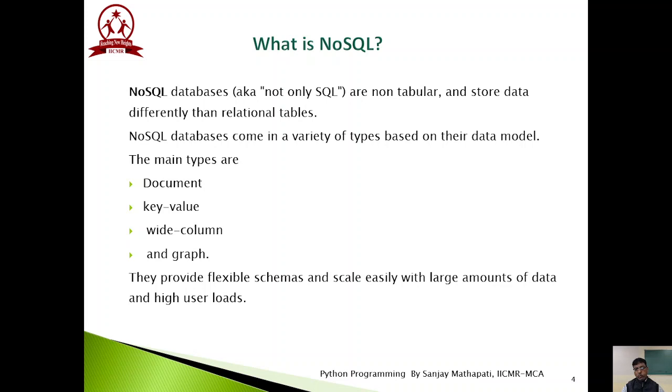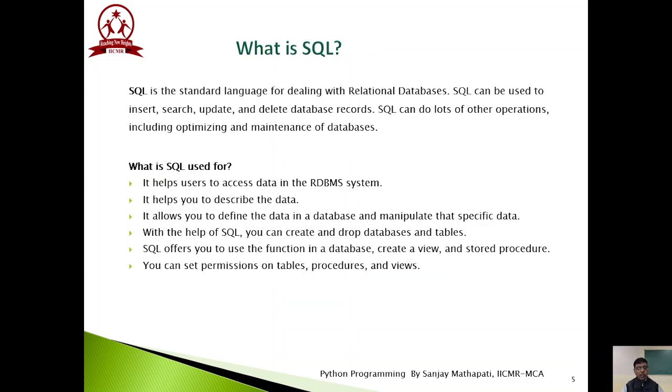Now, I need not explain all these things, since all of you come from a background where SQL is most probably used. But as we have to compare, it's necessary for me to explain both SQL and NoSQL. So what does SQL stand for?